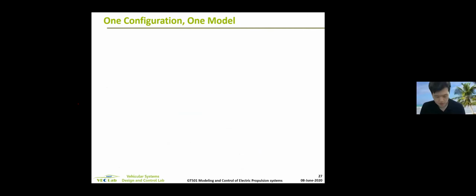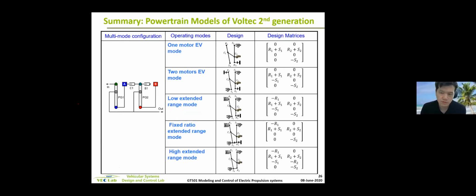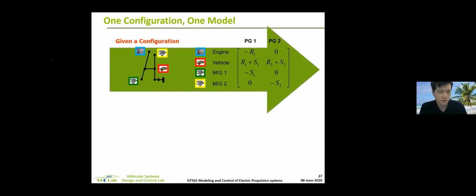So what does this mean? We have this automated modeling tool. How can we use this? This may seem very useful, right? So this is one example.